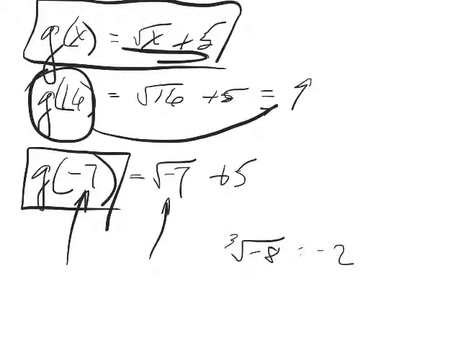So that's why I say if the radicand, the number under here, is negative, and if the index is even, then it is not in the domain of a function. So if you look at example 9, f of x equals 1 over x minus 3. So the only input that will give us a 0 in the denominator is a 3.